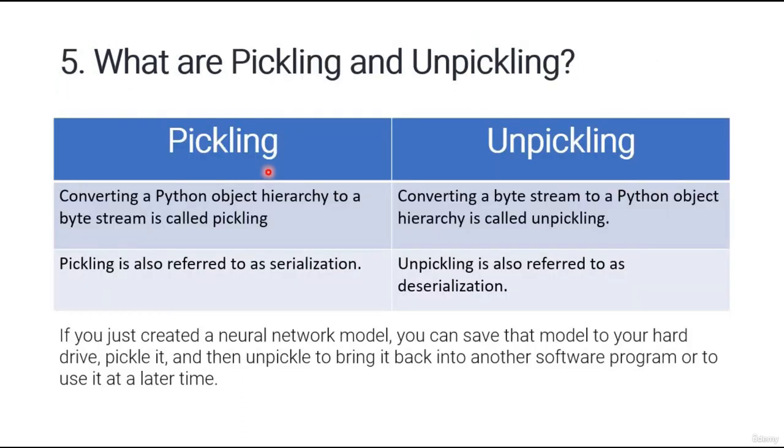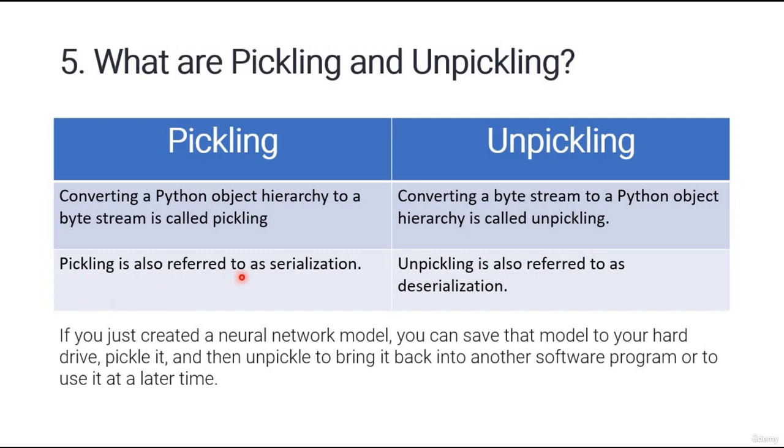What is the concept of pickling and unpickling? What is pickling? Converting a Python object hierarchy into a byte stream is called pickling. So you are actually converting a Python object into a byte stream, which is pickling. And what is unpickling? It's vice versa. Converting a byte stream to a Python object hierarchy is called unpickling.